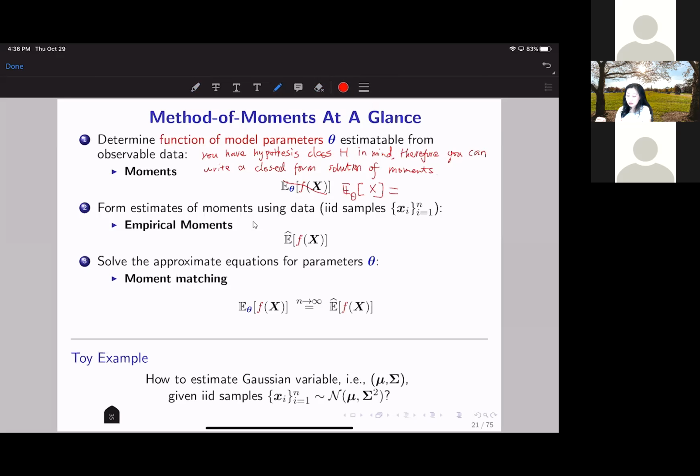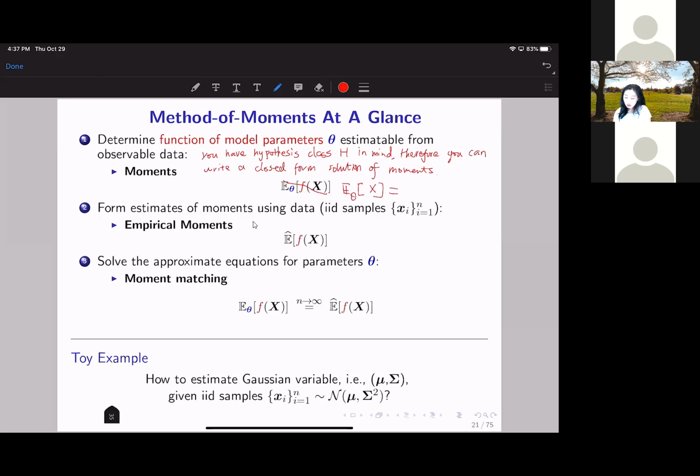What I'm saying is, can you have a closed form formula that you can write out for this expectation of x over theta, once you know what latent variable model you use, for example, mixture of Gaussians?